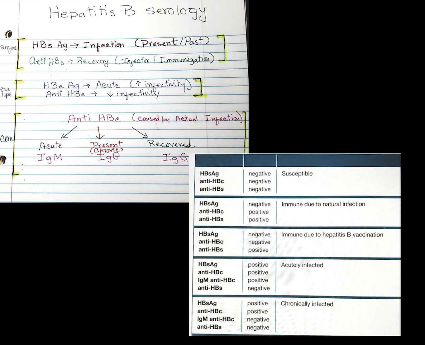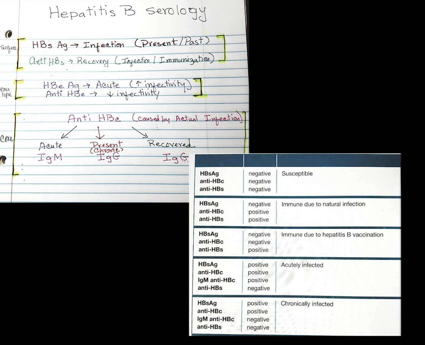The following example, surface antigen is negative. That means no infection. Core antibody is negative. That means none of this at the bottom. Not acute, not chronic, not recovered. Surface antibody is positive. So surface antibody is recovery from infection or immunization.